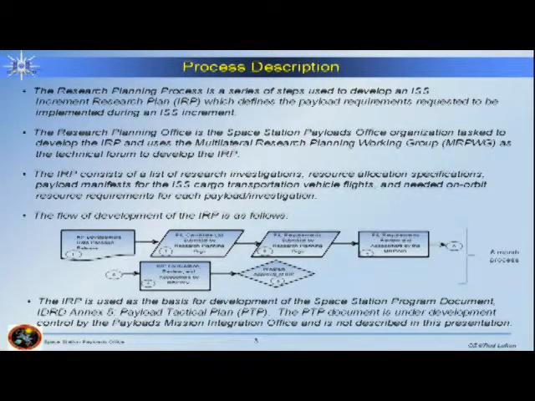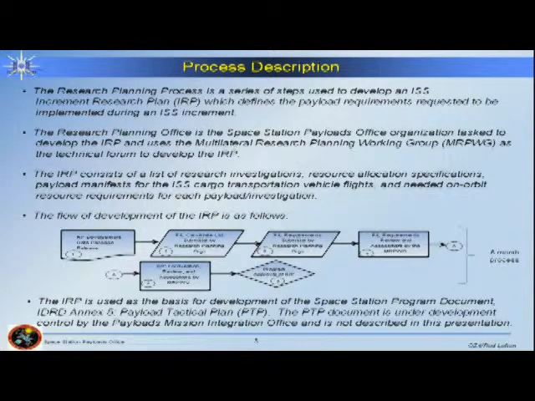Then we go through a process at the MRPWG where we assess those requirements against the allocations that the program has given to us, and we make judgments and recommendations on whether a particular item can fly on a particular flight or needs to be moved to different flights to stay within the allocations that we have.